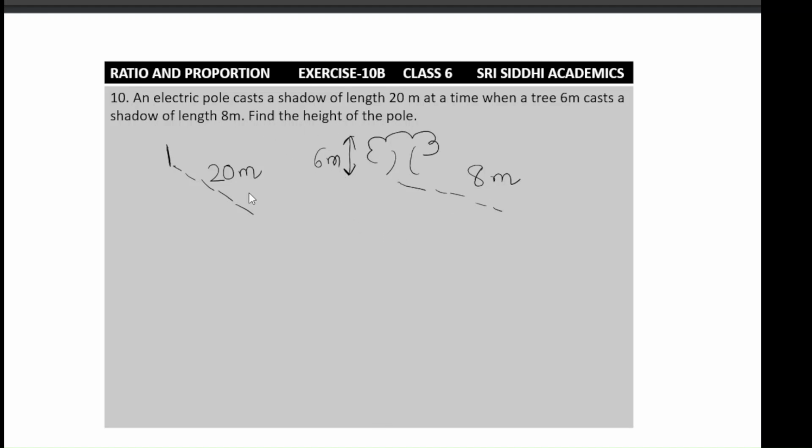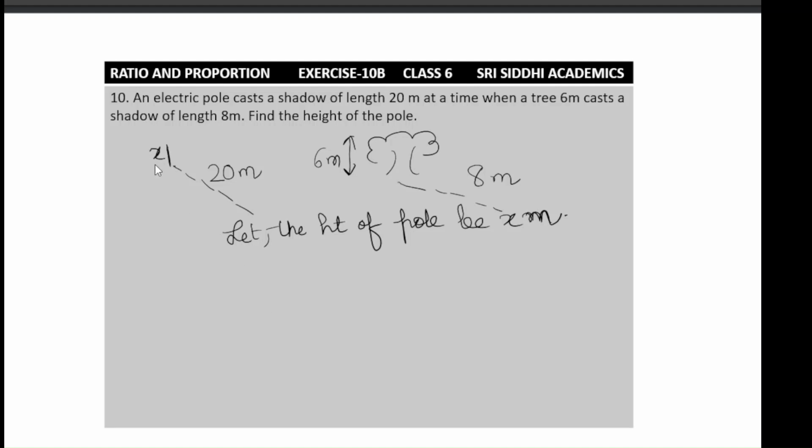So similarly we need to write the proportion here. Make a proportion and then find the value. Let the height of the pole be x meter. You can use any variable of your choice. Meter is the unit of measurement. Now I can arrange like this.